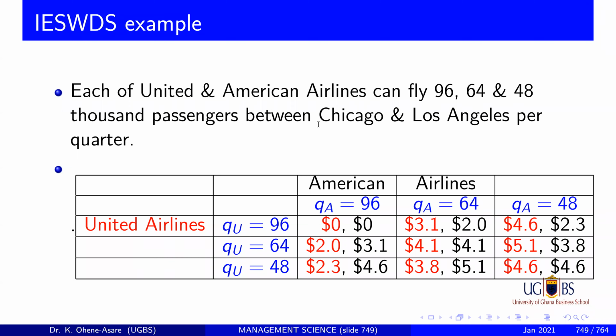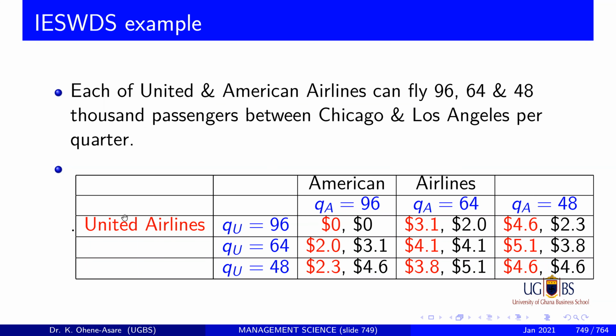We have two airlines. The United Airlines, which is player one, the row player, and then the American Airlines. Each one of them can fly 96,000, 64,000, or 48,000 passengers a year, every quarter, between Chicago and Los Angeles.